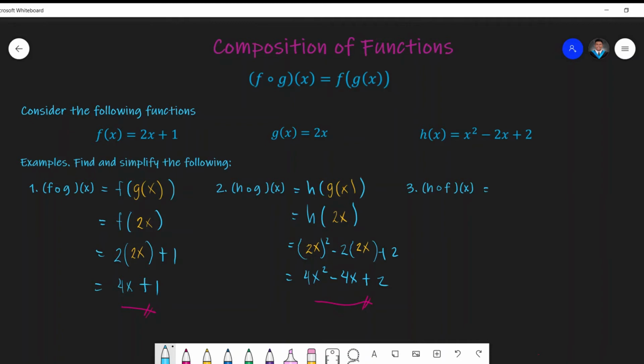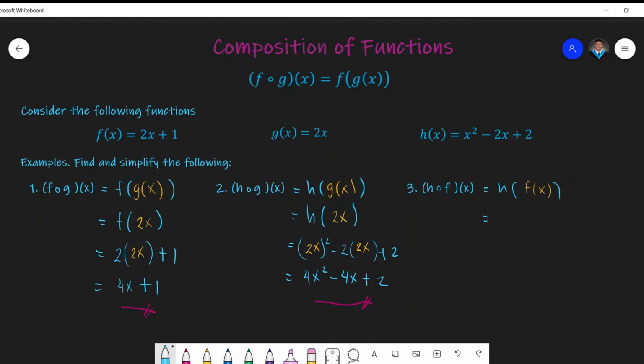So as you can see now, when we say h composed of f of x, ang ibig sabihin lang yan, we have h of the second function, which is the f of x. So again, same pa rin yung gagamitin natin, kung anong gagawin natin dito. So we just simply replace kung anong value ni f of x.